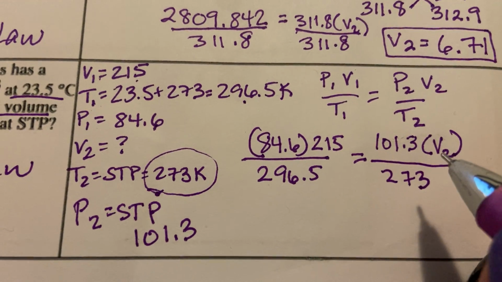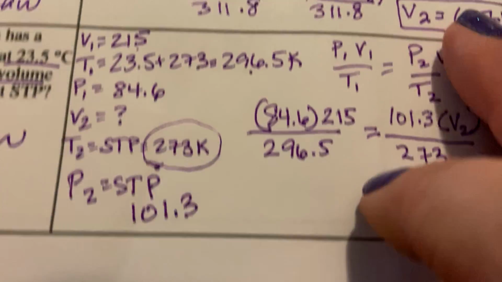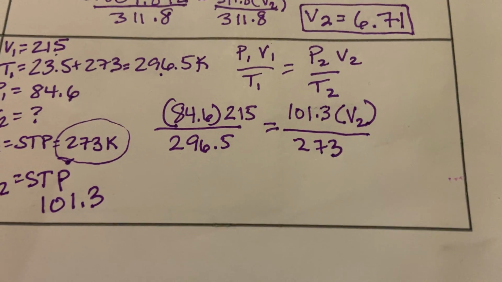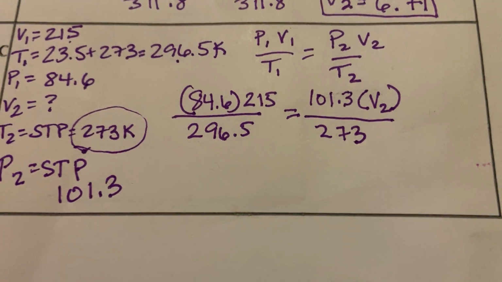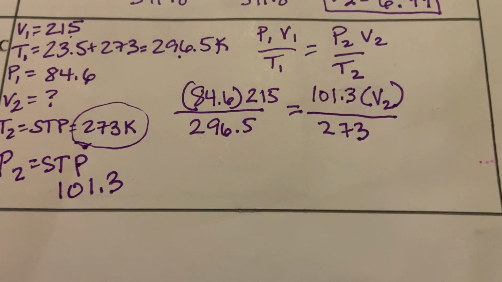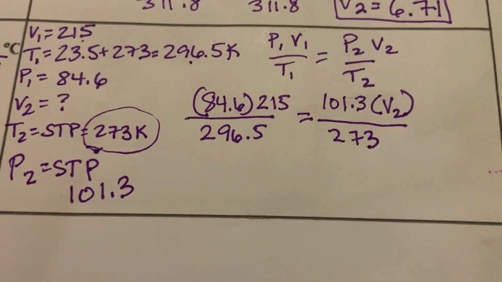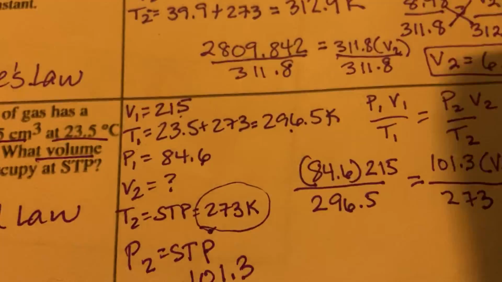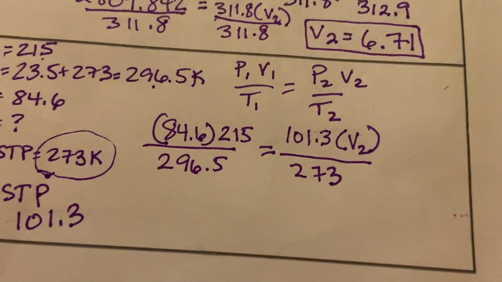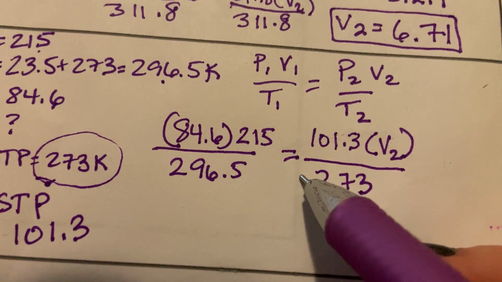So now what do we do? We have to multiply 84.6 times 215, and that gives me that number, 18,189, and we're cross multiplying, right? Cross multiplying, okay?